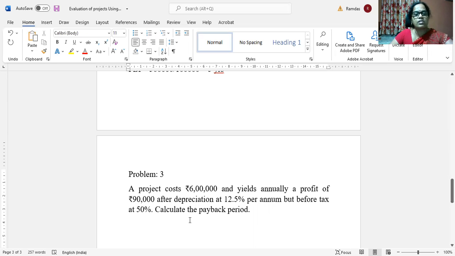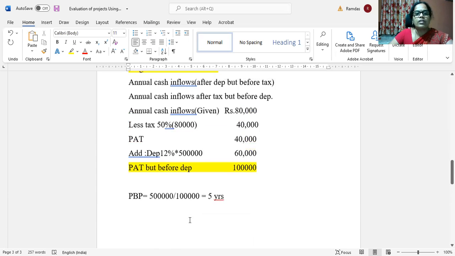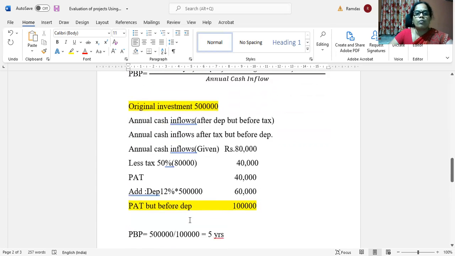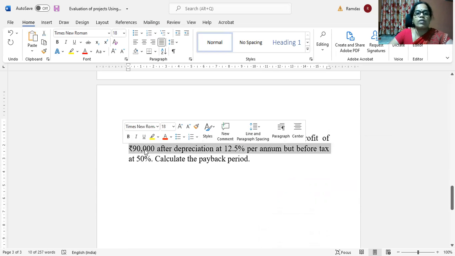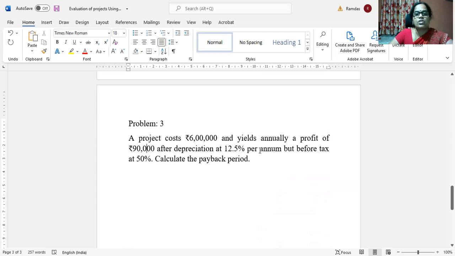This is similar to the second problem, wherein the original investment is given, 6 lakh, but the annual cash inflow is given after depreciation and before tax. So we need to calculate the annual cash inflows after tax but before depreciation. So this problem has a small adjustment for the cash inflows.